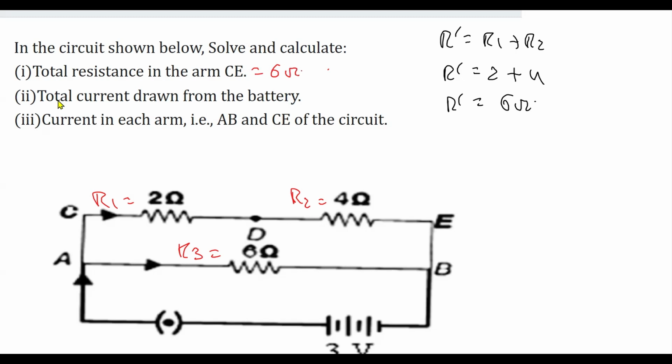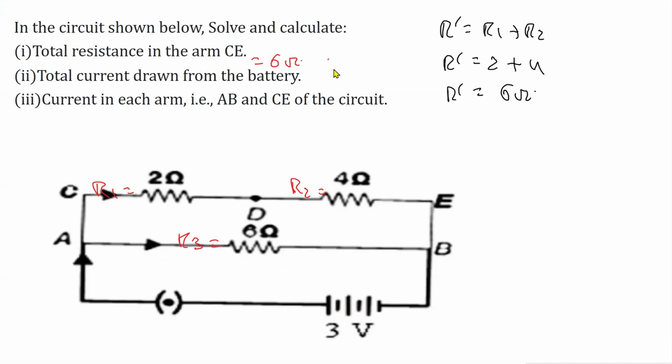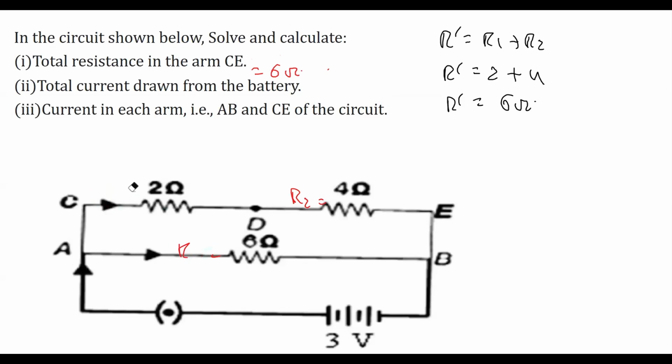Now in the next part, they say calculate the total current from the battery. In order to calculate the total current from the battery, this is partially not visible to you, so I'll make it. Okay. Now we have to find out the total current. So let's rewrite this again.